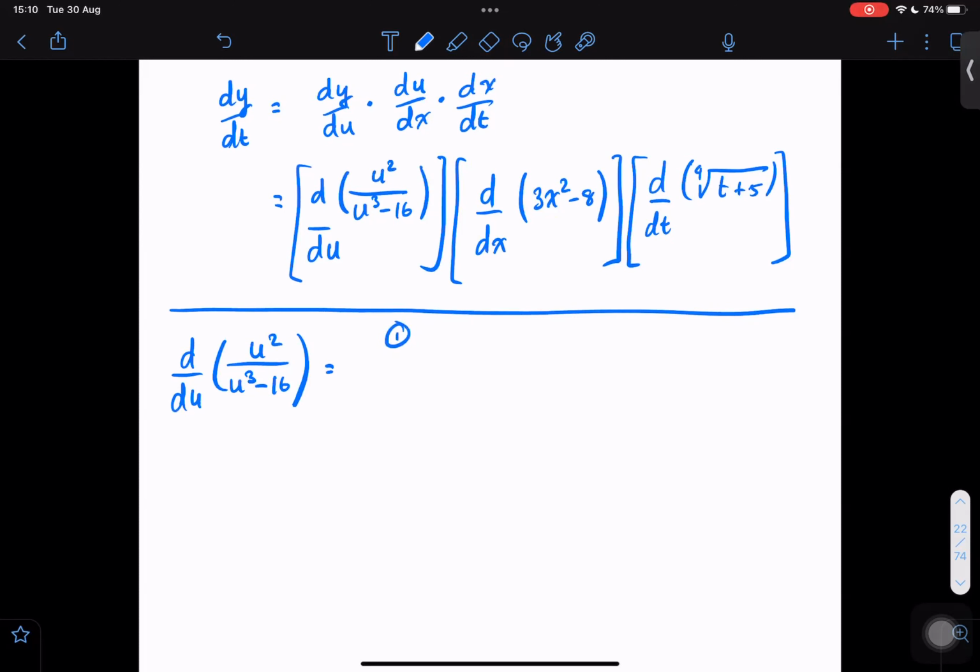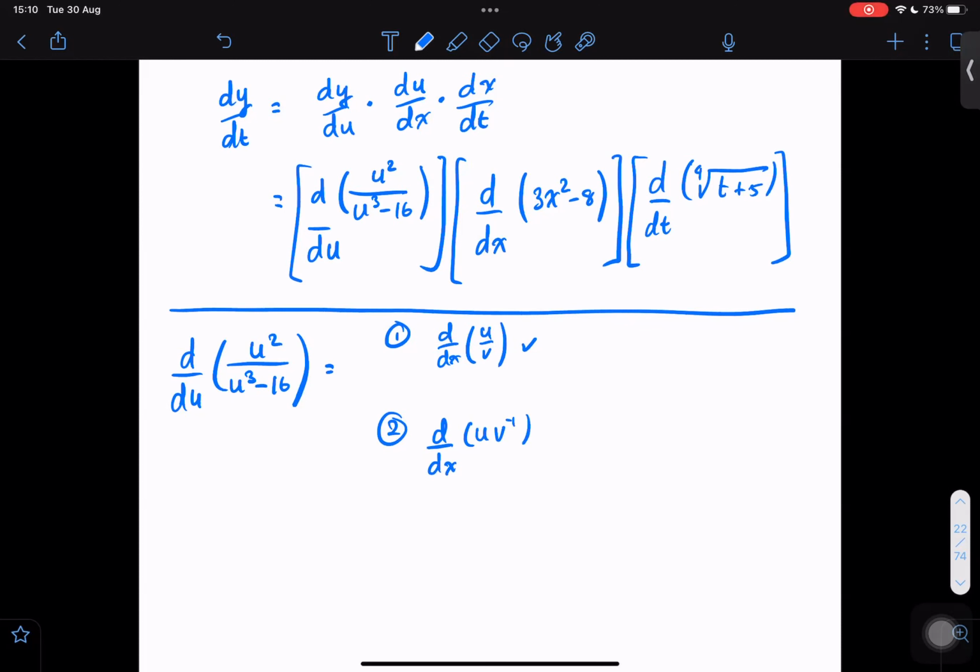First you use the quotient rule, the derivative of u over v. Or you can see it is u over v, so you can see it as u times v to the minus 1, and you do the multiplication rule.